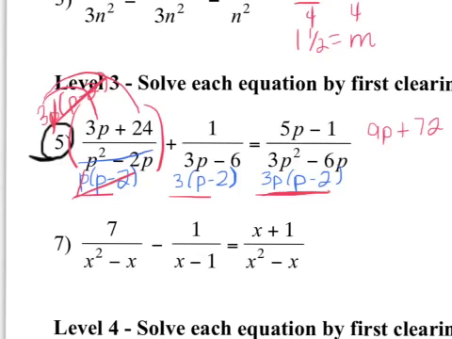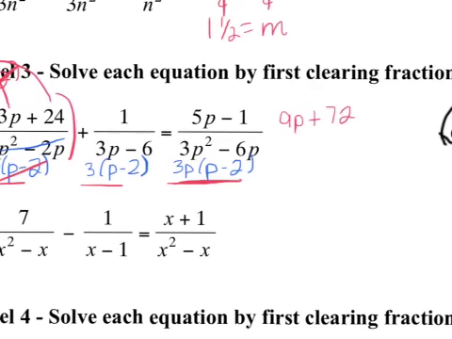I have to keep sliding across as I go. When I multiply the second one by our common denominator of 3p times p minus 2, the 3's cancel out, the p minus 2's cancel out, so essentially I'm doing 1 times p, which is going to give me p.